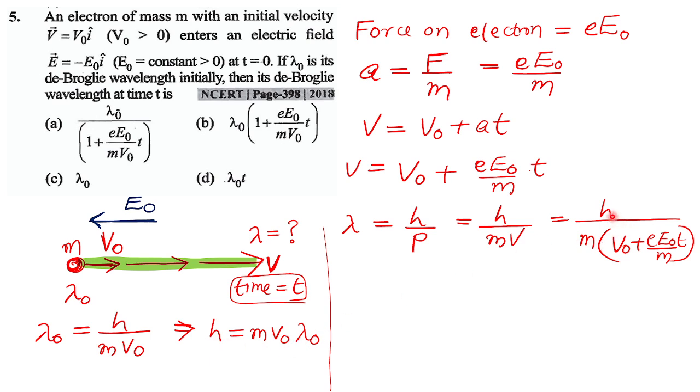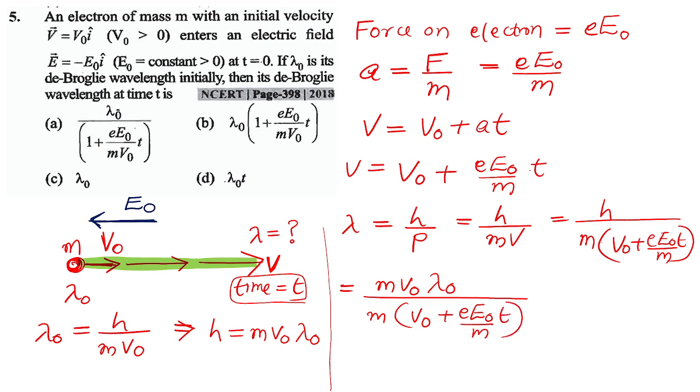So can I replace h by this value? In the final answer, let me replace h by this value. So I got m into v0 into lambda 0 divided by m into v0 plus eE0 divided by m into t.